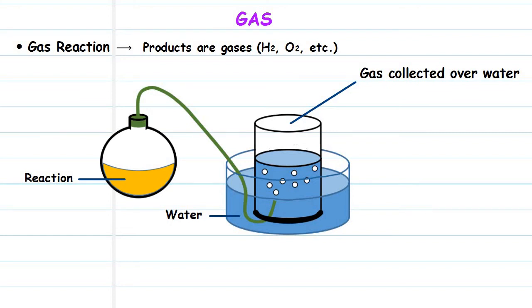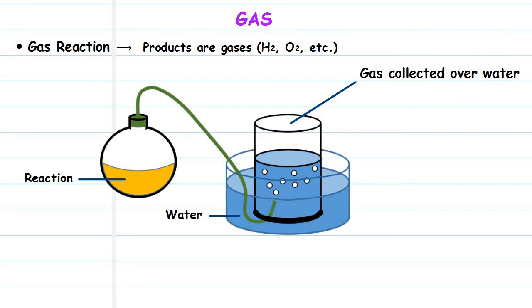Since the gas has to bubble through water into the flask, this setup is good for gas that does not react with water and gas that is not readily soluble in water, for example, hydrogen or oxygen gas. But for gases that are more soluble in water, for example, ammonia gas or sulfur dioxide, this setup is not good to collect such gases.